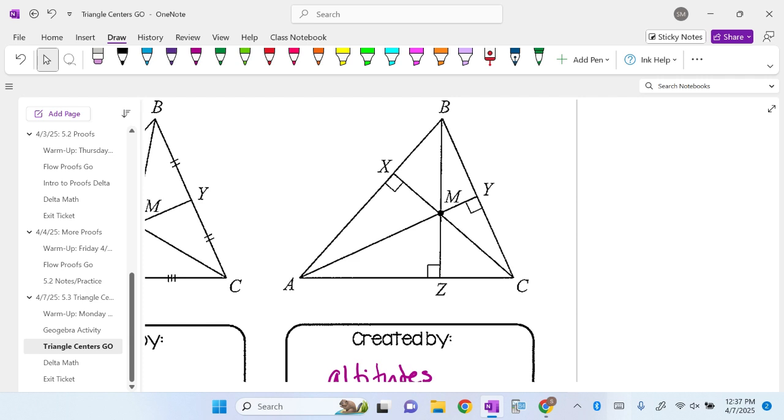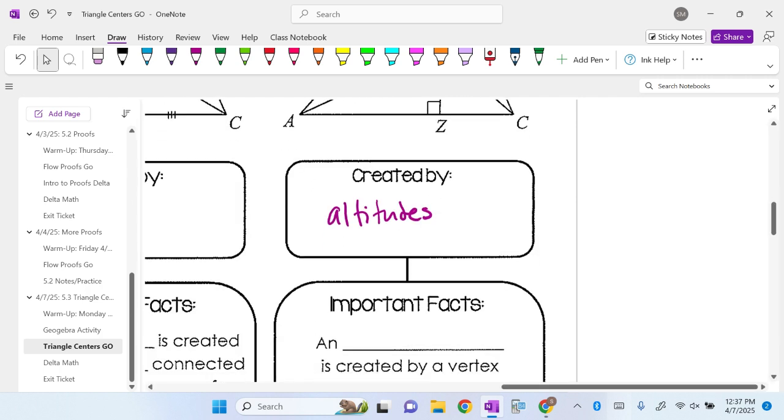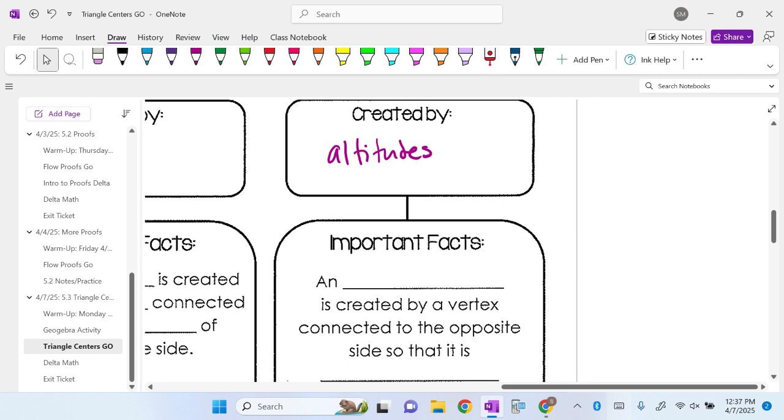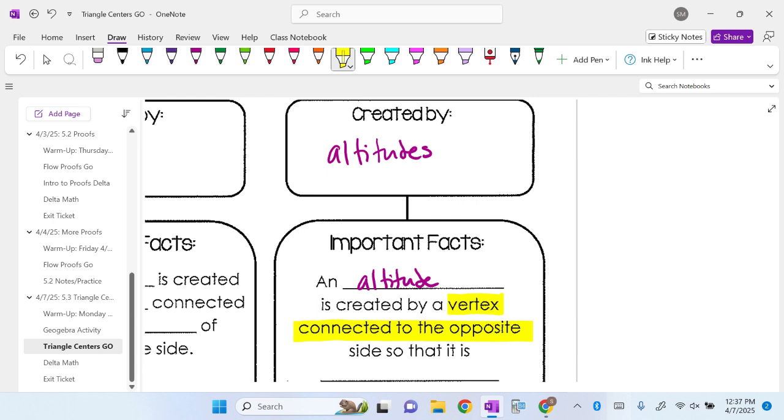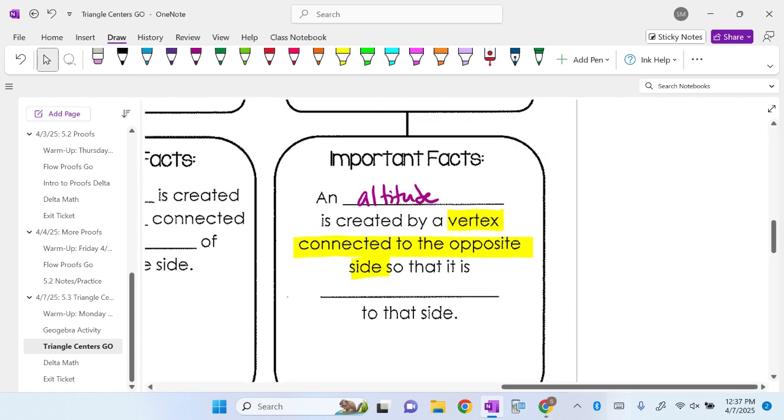It's also referred to as the height of the triangle, but again, it depends on which part of the triangle you're actually looking at. So, an altitude is created by a vertex connected to its opposite side so that it is perpendicular to that side.